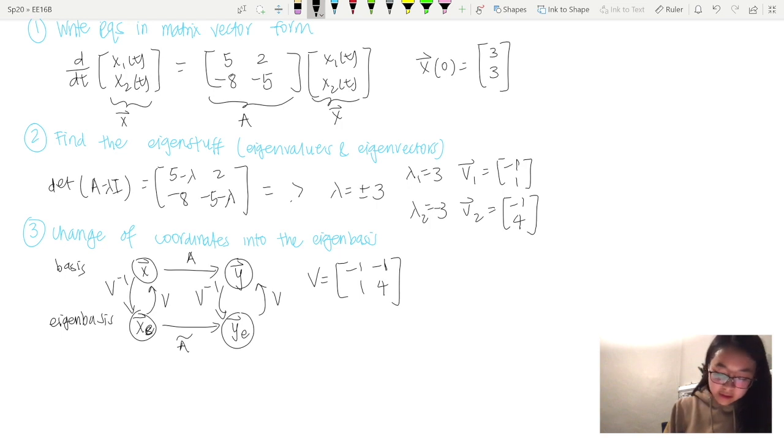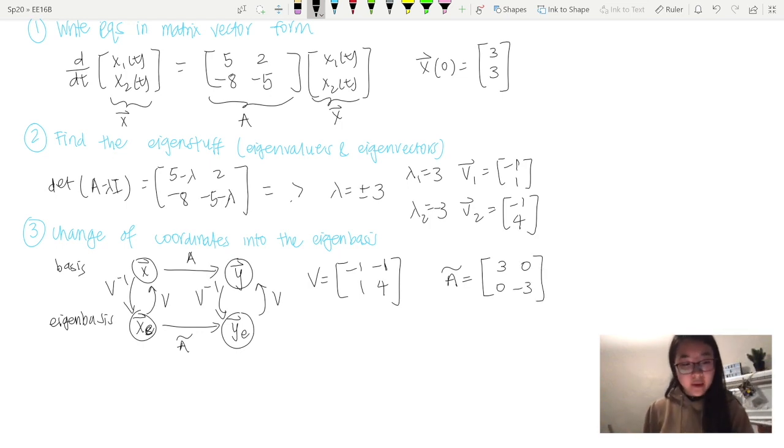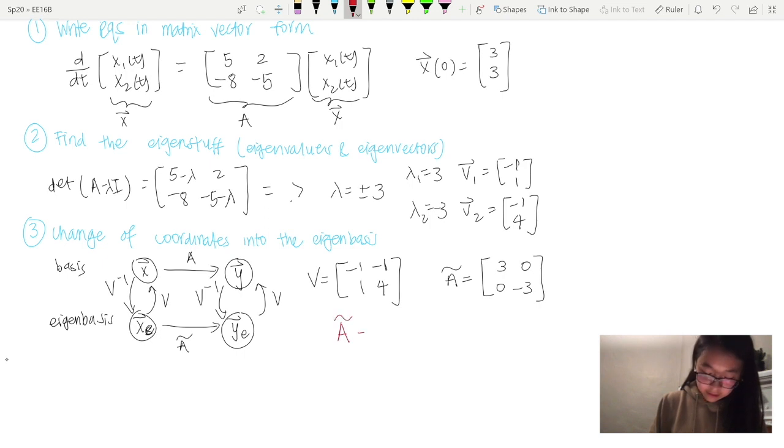Cool. And since we know A tilde is supposed to be the diagonal matrix, you can know that this will be the corresponding eigenvalues, so it would be 3, 0, and 0, -3. But a way to confirm, without directly using this trait, that it is the correct matrix is to consider what A tilde is equal to.